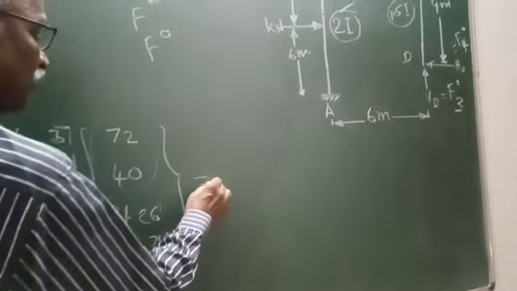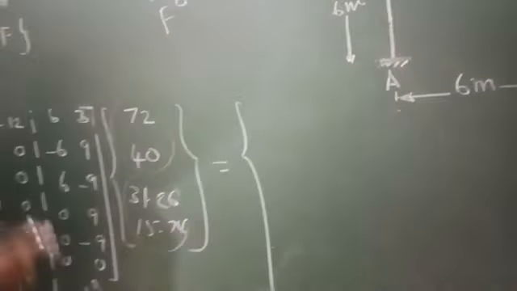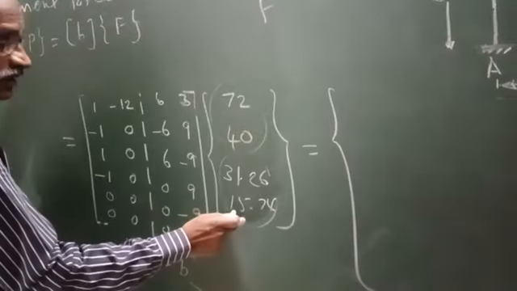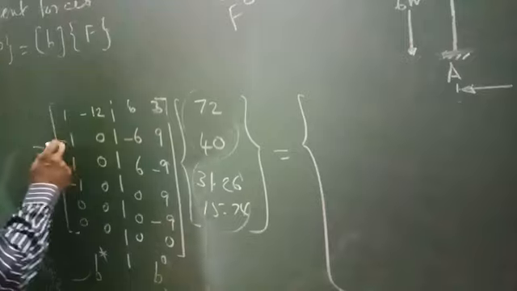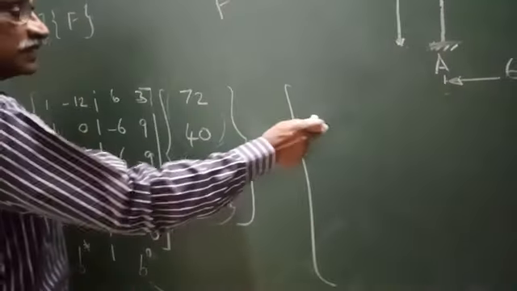So when you multiply the first row's 4 values by this column, we get the first value. The second row multiplied by this gives the second value.